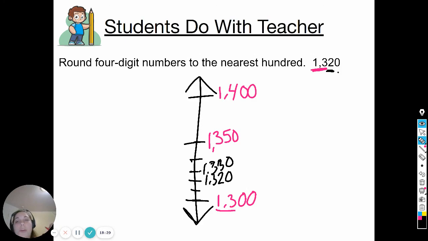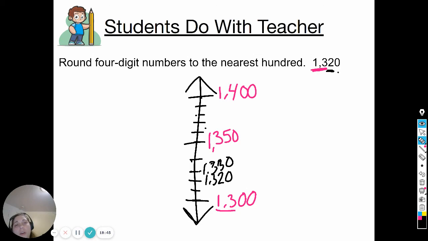We have a mark for 1,350. 1,360, 1,370, 1,380, 1,390, and we get to our top line, which is 1,400.